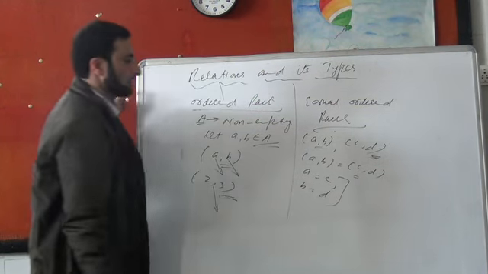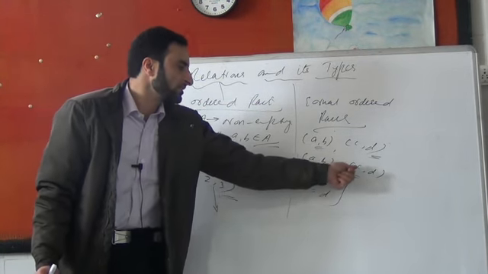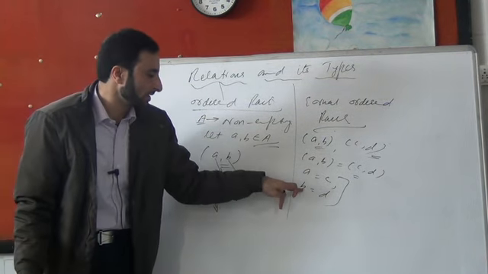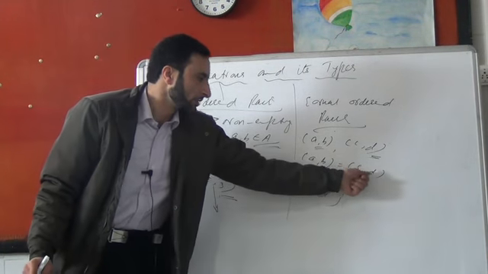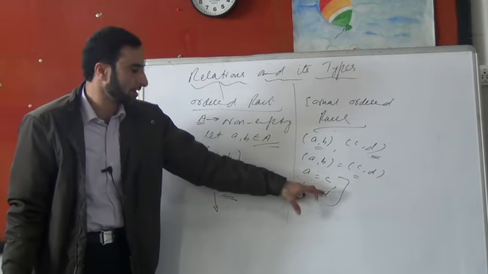It means the first entry of the first ordered pair is equal to the first entry of the second ordered pair, and the second entry of the first ordered pair is equal to the second entry of the second ordered pair, and hence the two ordered pairs are said to be equal.